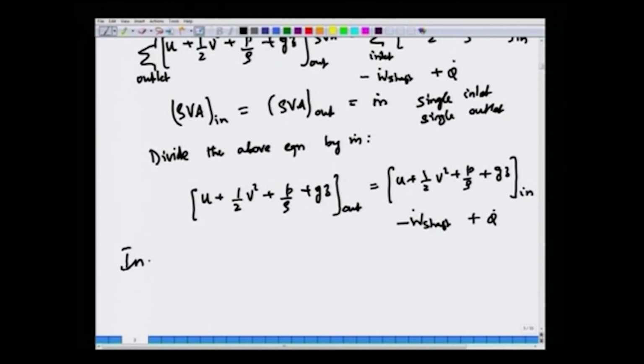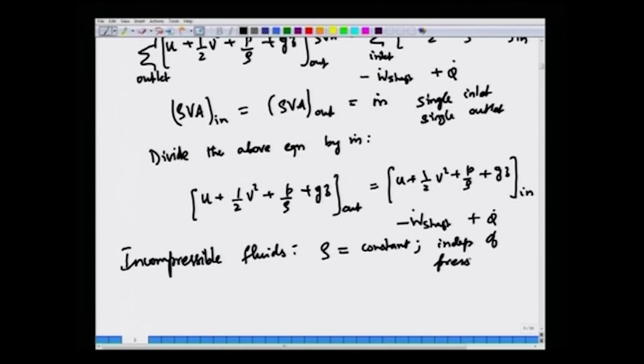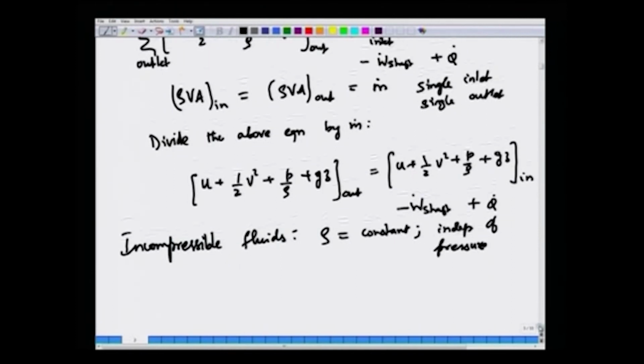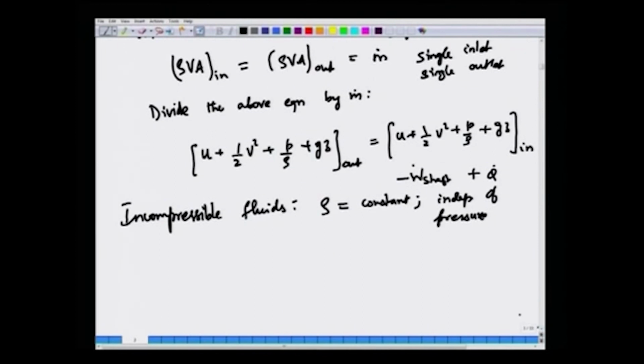If we restrict ourselves to incompressible fluids, where, as we have said some time back, rho is constant, that is, it is independent of pressure, the pressure changes that are associated with the fluid flow do not change the density of the fluid, then the fluid is said to be incompressible.